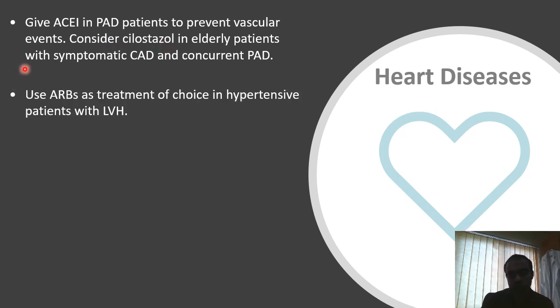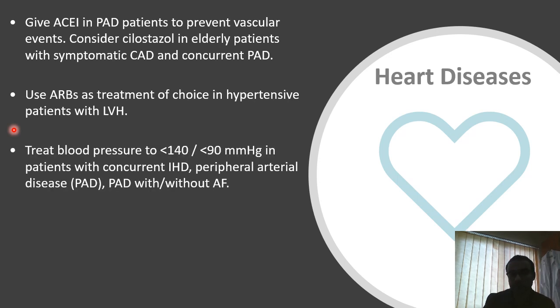ARBs are usually the treatment of choice for hypertensive patients, especially those with left ventricular hypertrophy, for the benefit of the ARB in cardiac remodeling. The target also has to be a bit different according to the condition.